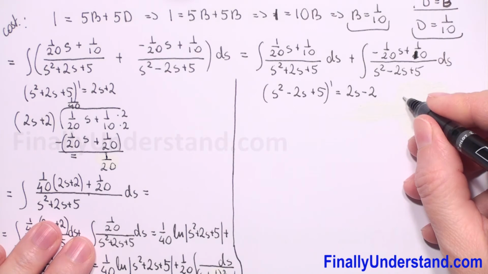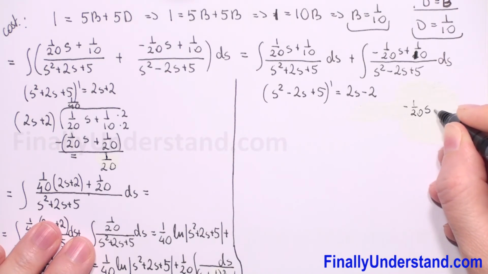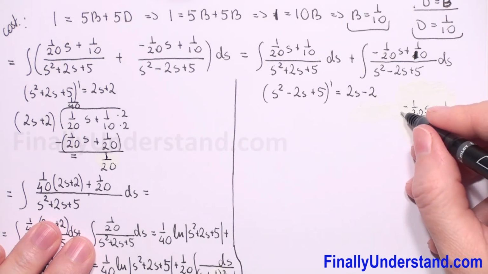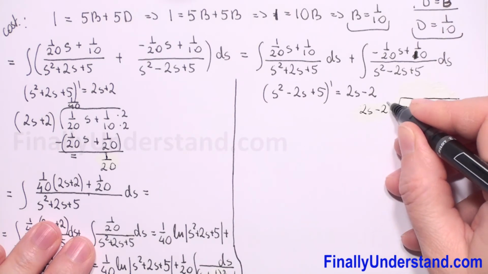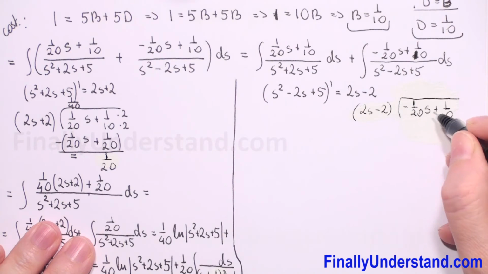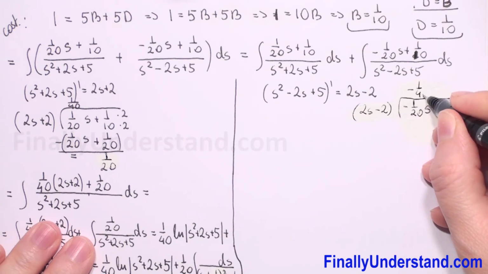So now we have to divide the numerator by the derivative of the denominator. So we have negative 1 over 20 s plus 1 over 10. We have to divide by 2s minus 2. Negative 1 over 20 s divided by 2s is negative 1 over 40.